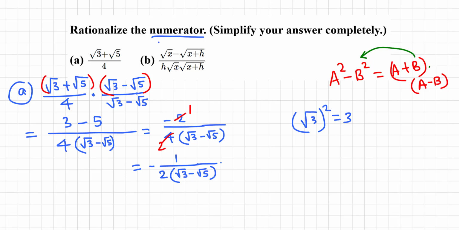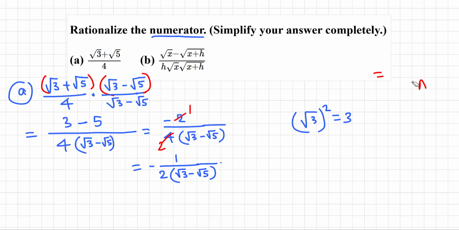Now let's do part B. We're going to use the same thing again, like a plus b times a minus b, or a minus b times a plus b, which is always a difference of two squares. In part B, we are concerned with the top, the numerator.